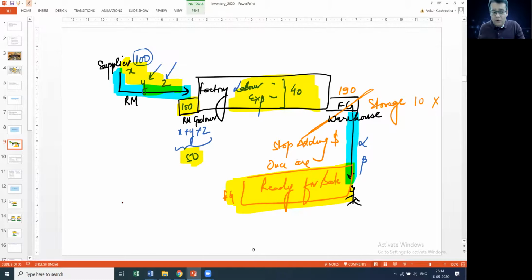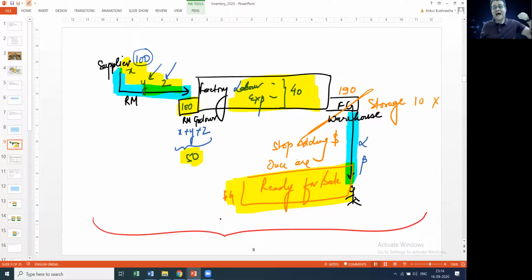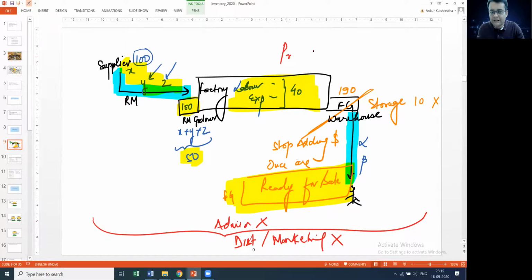That overall administration cost, sometimes called general expenses or admin expenses, things like those, admin expenses are never part of inventory cost. Similarly, distribution, similarly, marketing. These are all expenses which are never part of the inventory because we believe these costs have no role to play in producing the inventory. What you are looking at is the product cost.